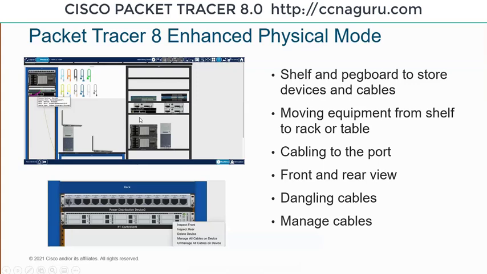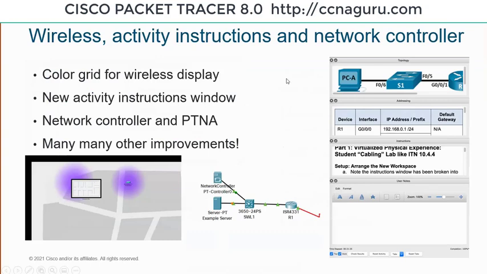Apart from just the rack mount or wire closet experience, there are some other very important updates in PT8. First of all, it is the color grid for wireless display. So now wireless networks are displayed in a much better way. There is also a new, updated and enhanced activity instructions window, which is way better structured.